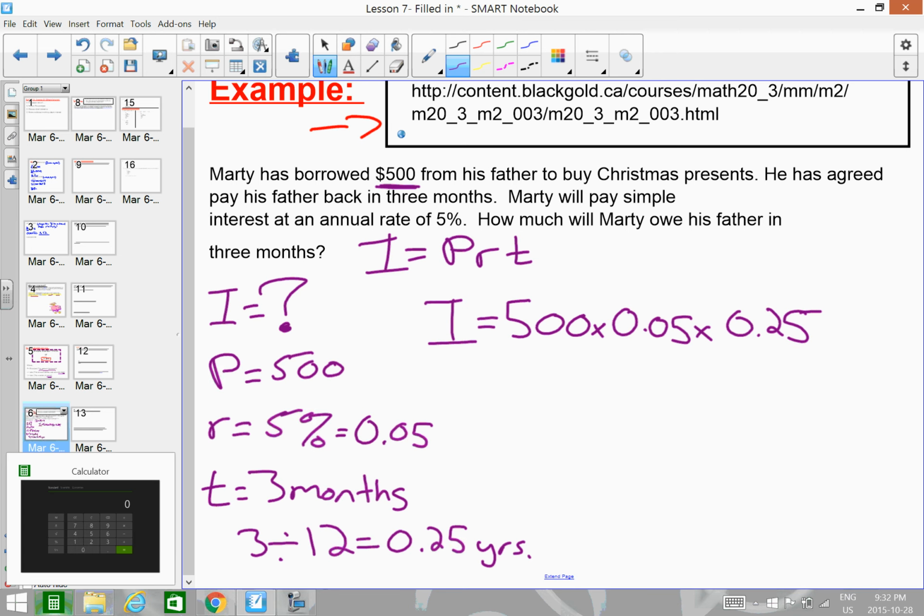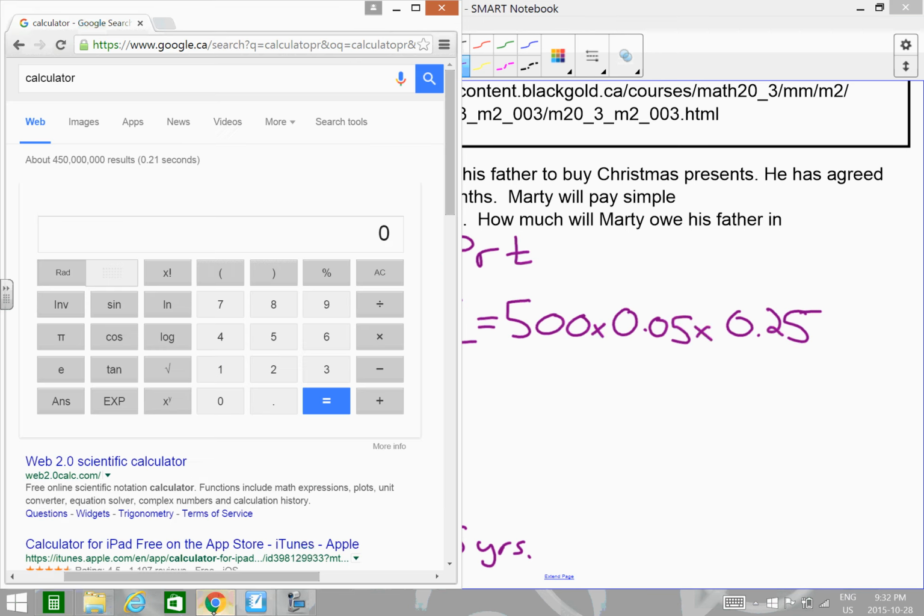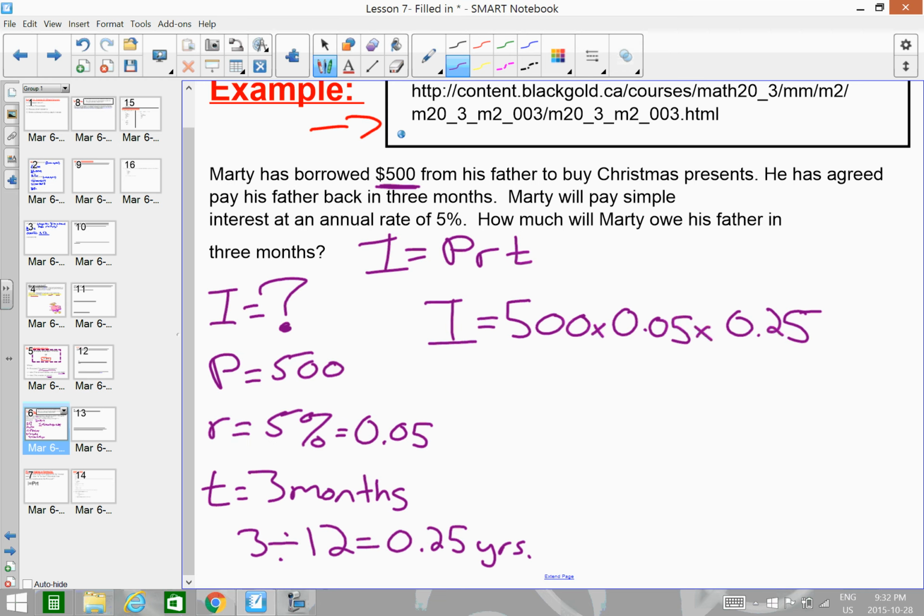All right, that's a little bit too much mental math for me. Let's pull up a calculator. I'm using the Google calculator. So 500 times 0.05 times 0.25, a whopping $6.25. So I equals $6.25.